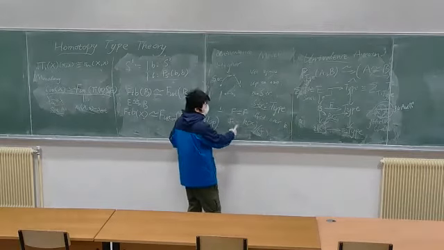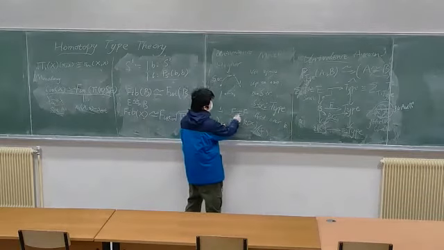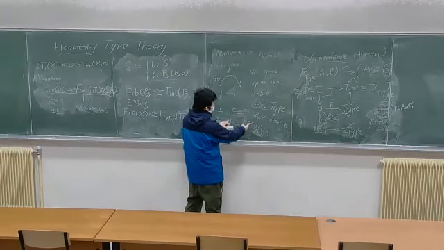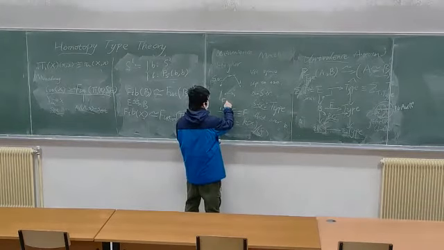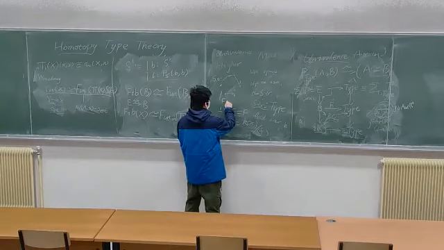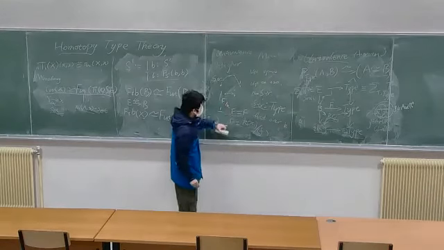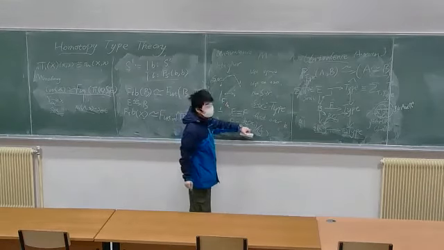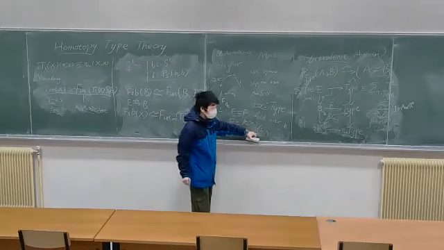So if we only classify the category, I mean, this is the category of fields over K, we only classify up to isomorphism. We only get this kind of information.